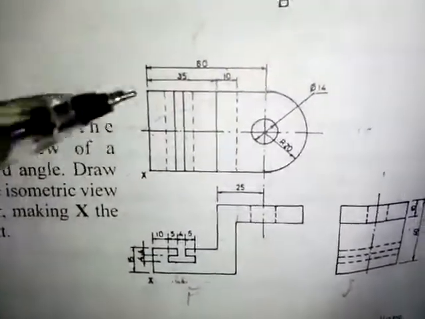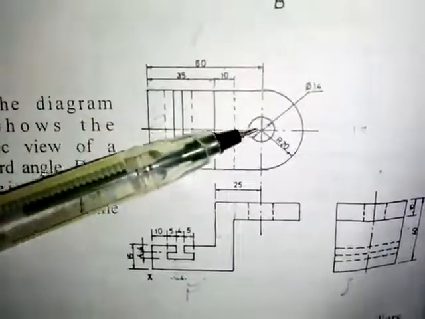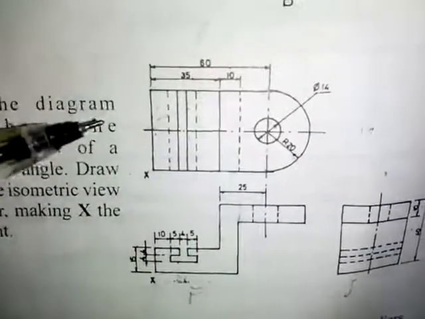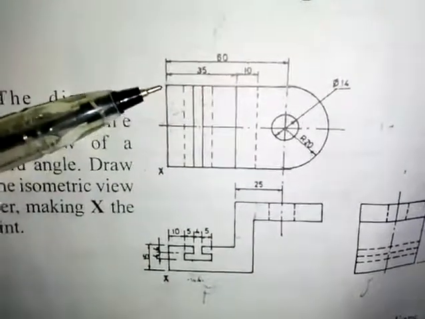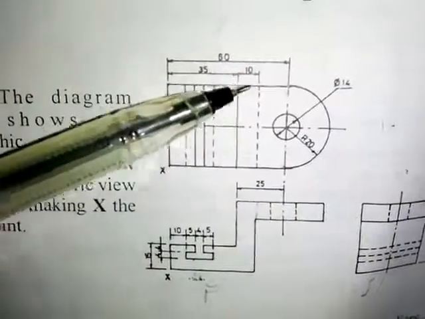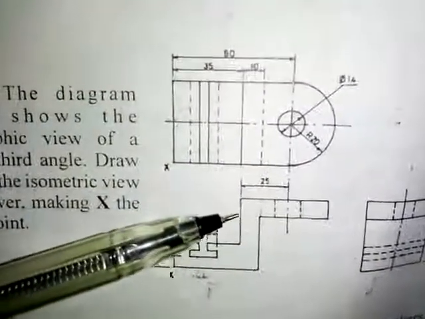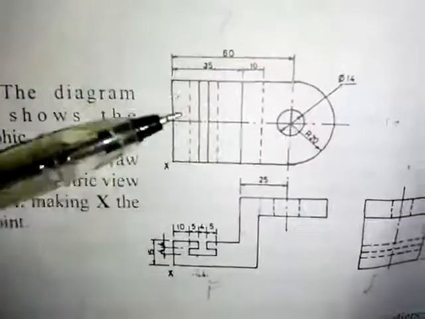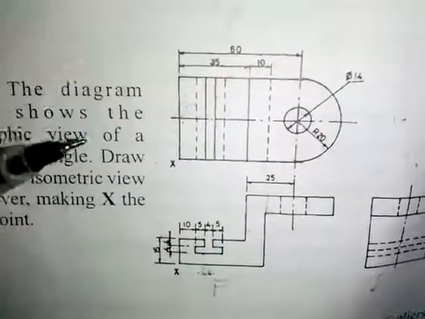And the diameter of this circle is 14 mm. And the distance from here to here is 35. And from this point to this point here is 10, making 45 mm.